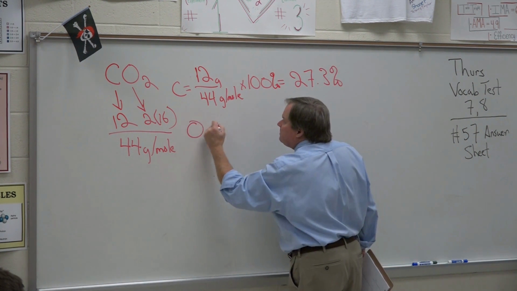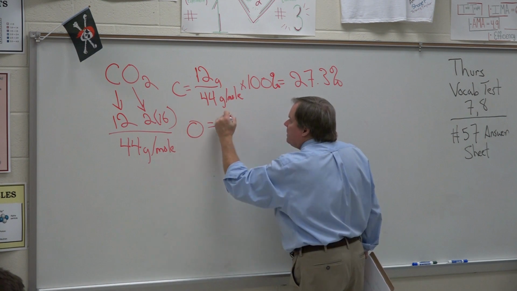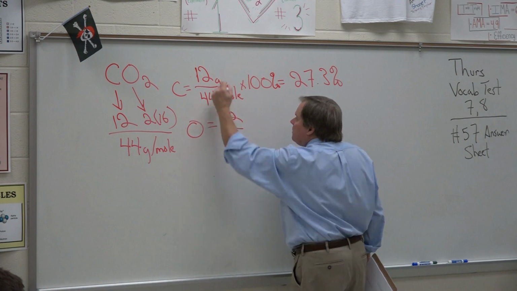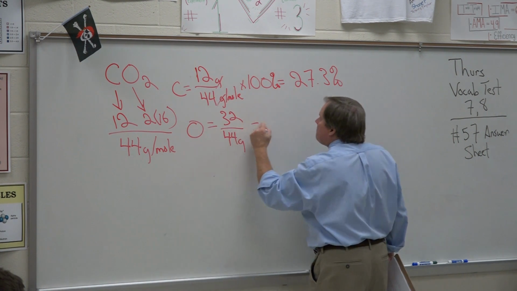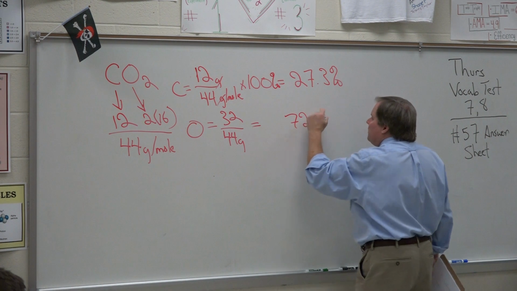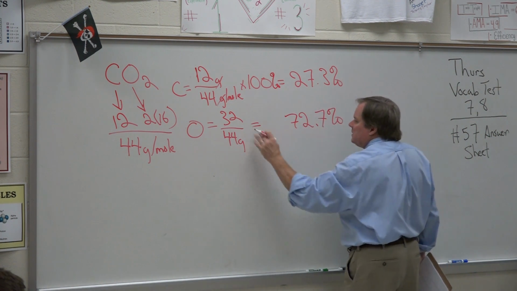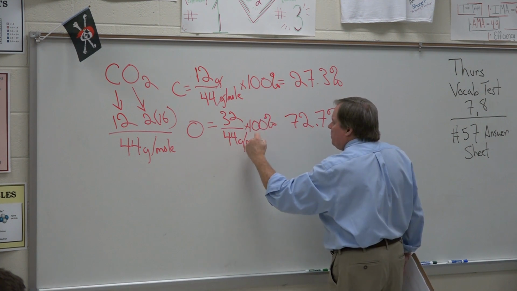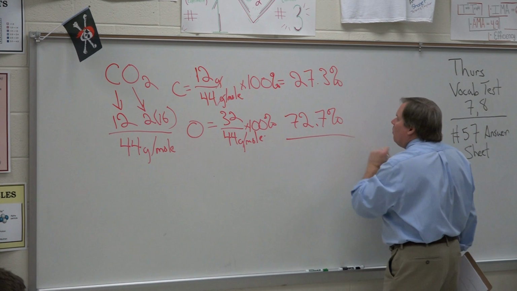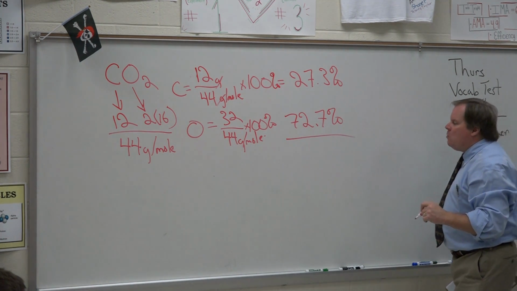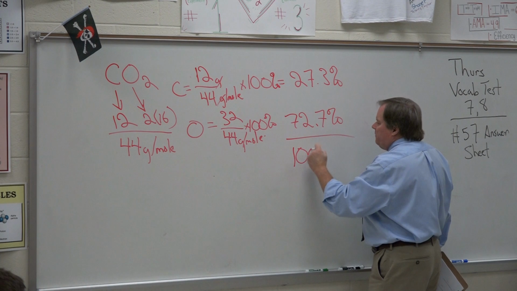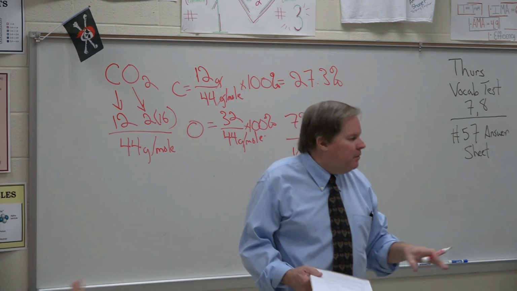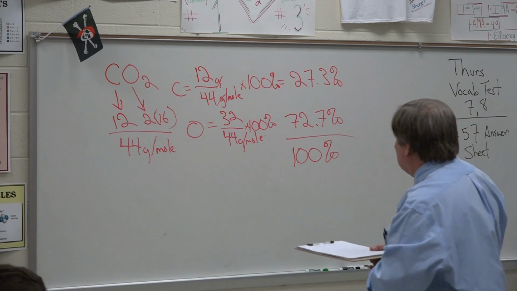And then our oxygen, we keep saying that's our heavyweight: 32 over 44 grams per mole times 100% is 72.7%. What number do these need to add up to? 100. So if you're in a test, do that check. Everyone's got this. Excellent.